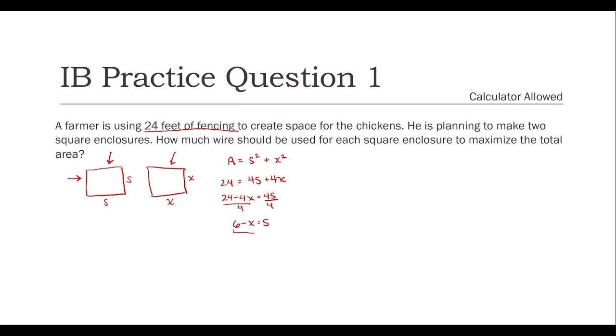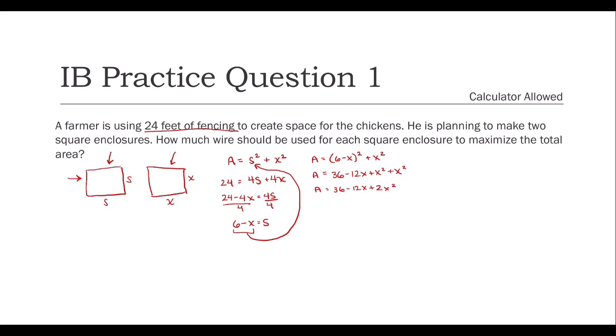So we can go ahead and substitute this in for S up here. So our area equals (6 minus X) squared plus X squared. So this equals 36 minus 12X plus X squared plus X squared. We can simplify that to 36 minus 12X plus 2X squared.